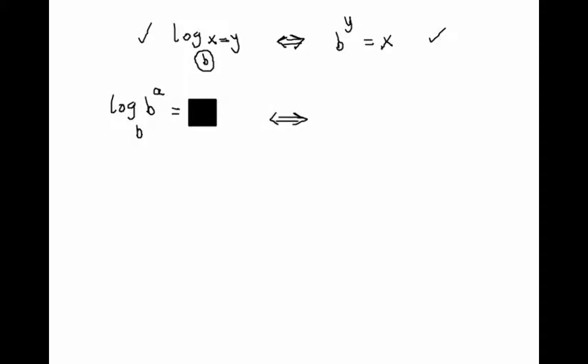So b to the power of what I'm looking for here, I'm going to use this little box, is equal to, my x would be all these terms here, which is equal to b to the power of a. So just by looking at this, what should that little black box be equal to then? Pretty obvious now, right? It must be equal to just a.